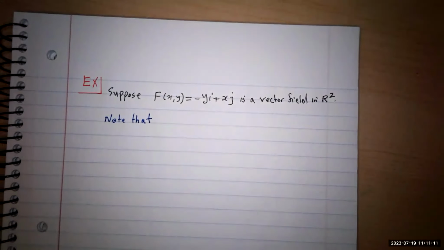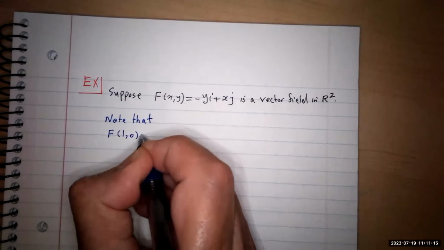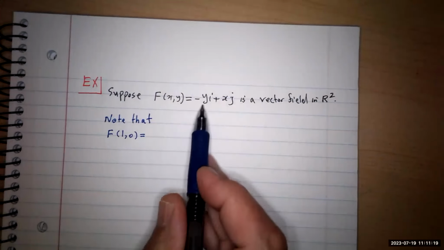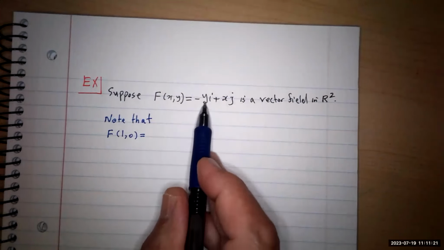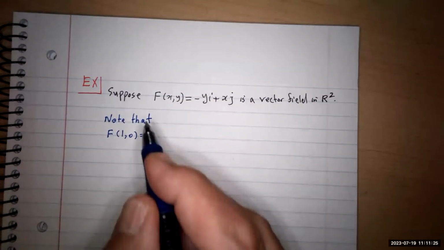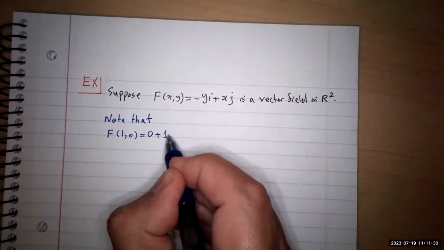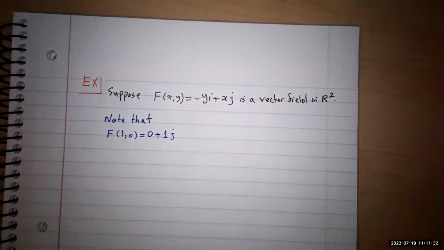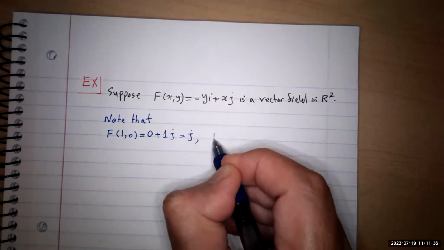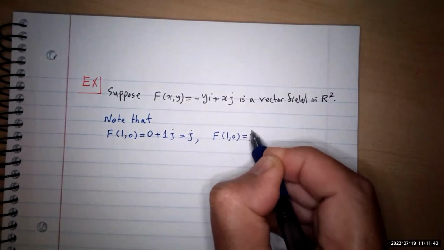So they ask for the evaluation of f of 1, 0. At 1, 0, it means you replace the x by 1 and the y by 0. So that gives you 0 here. That would be 0 and the x is 1, so that gives you, I write it down so you know the origin of the argument, 1j. So the result would be j. So f of 1, 0 is equal to j.